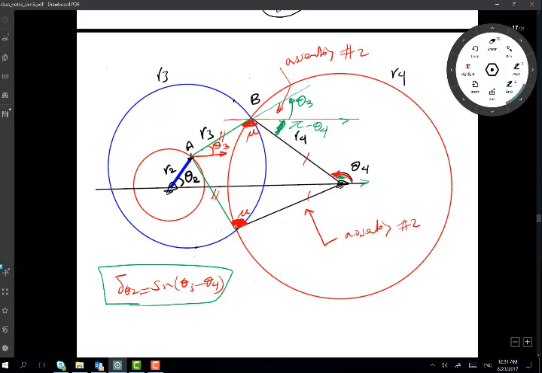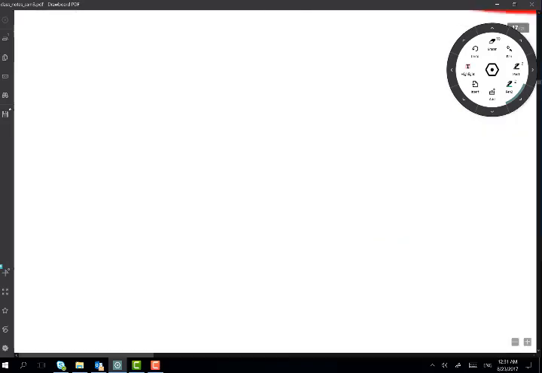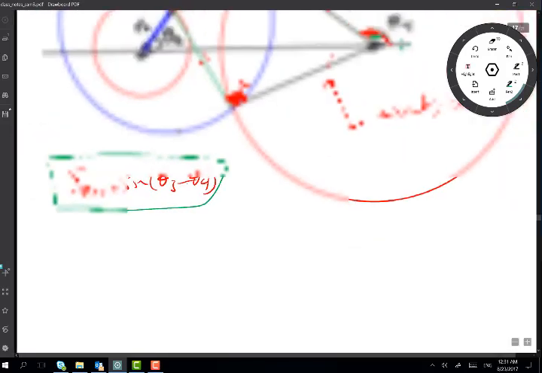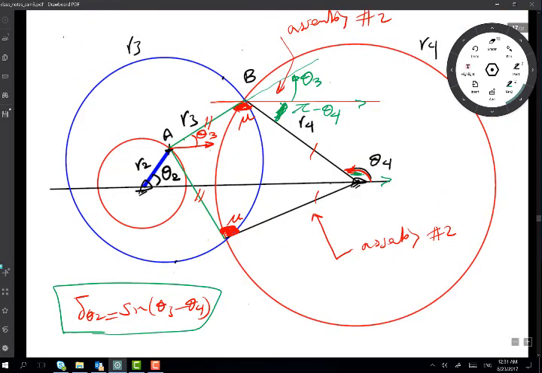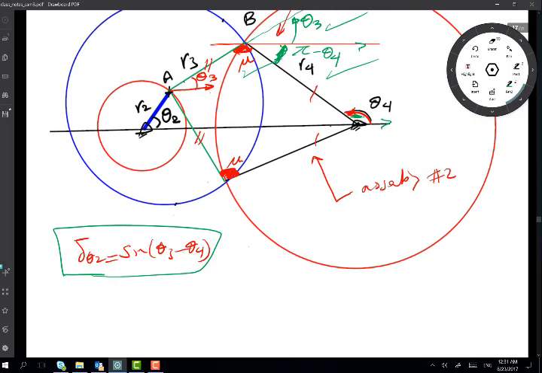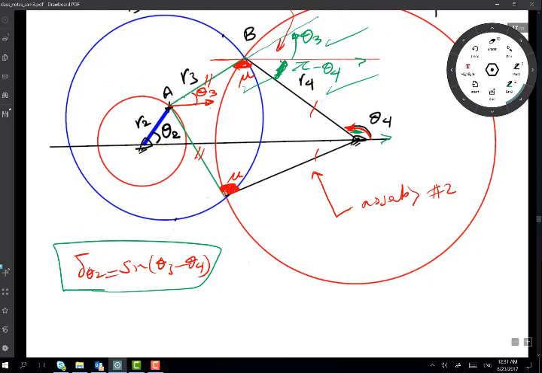Now if I add the three angles together, they will give me pi: theta 3 plus pi minus theta 4 plus mu, which is the transmission angle between R3 and R4, equal to pi.